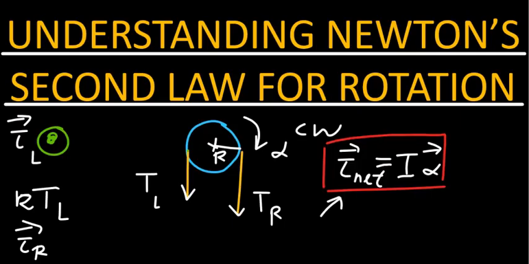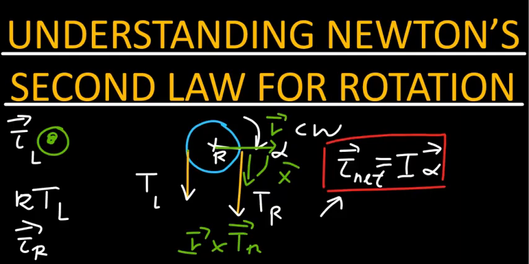The direction of that torque, again, is given by the cross product of two vectors, r times that tension on the right. The vector r in this case extends from the axis of rotation to where that force acts. So in this case it's rightward. The tension on the right is downward. So if you curl your right hand fingers from r to T_R, your thumb will be going into the board.